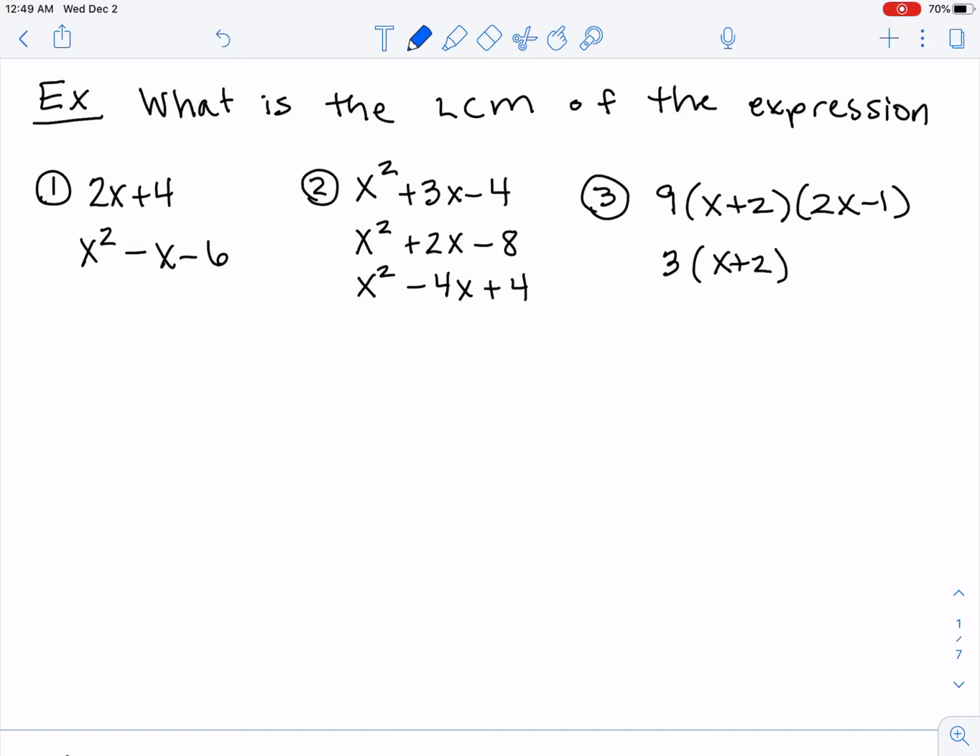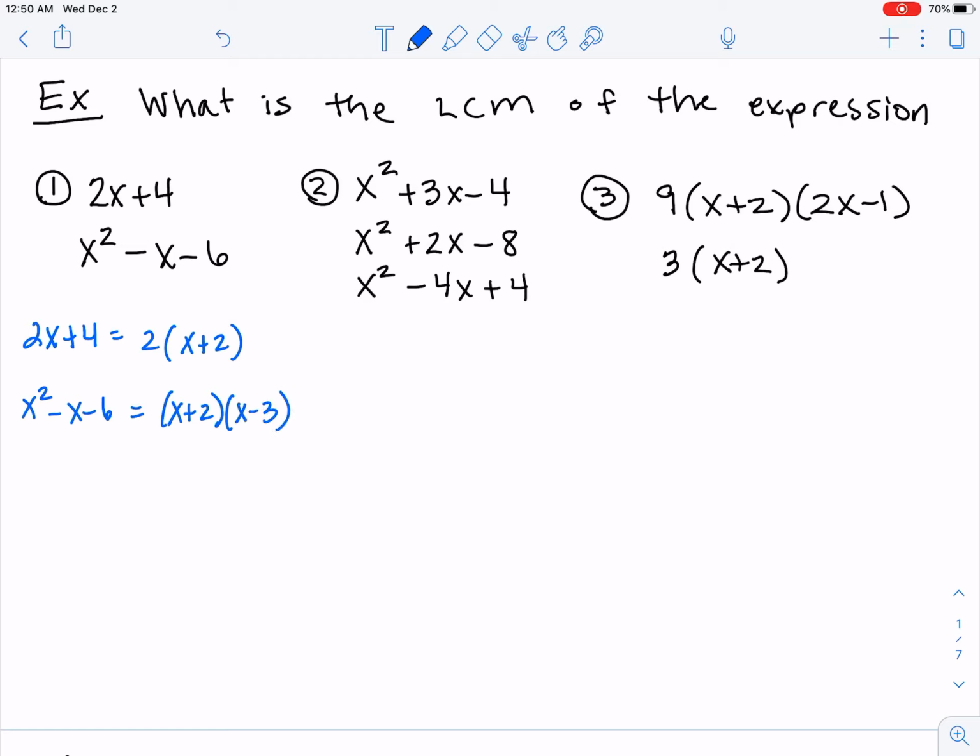So for this 2x plus 4, the first step was to factor, and I can take out a 2. And that would give me an x plus 2 when I factor out a 2 from each term, I should say. And then this x squared minus x minus 6 will factor into x plus 2 and x minus 3.